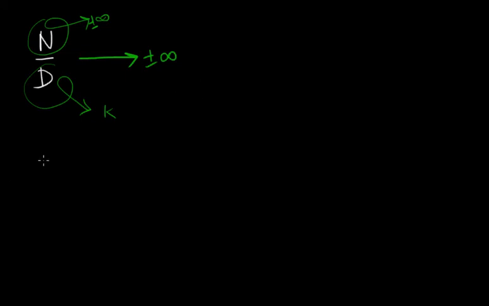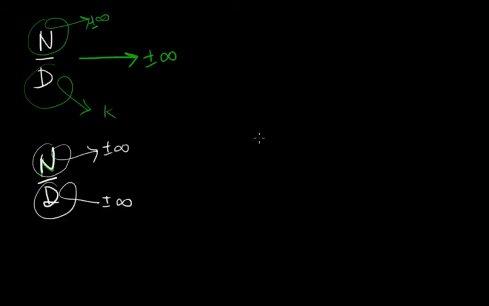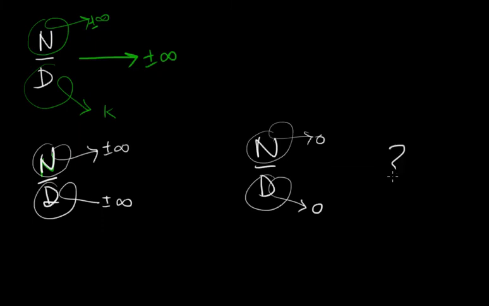Now we have another case. What if the numerator was becoming unbounded and the denominator was becoming unbounded? Or what if we had n over d, where the numerator was approaching 0 and the denominator was approaching 0? Well, there we don't know, and so that will be the topic of our next slide.